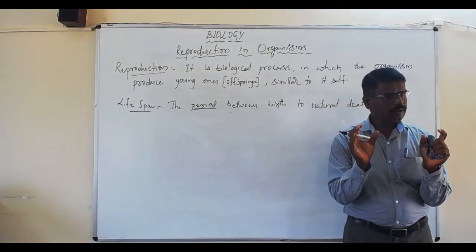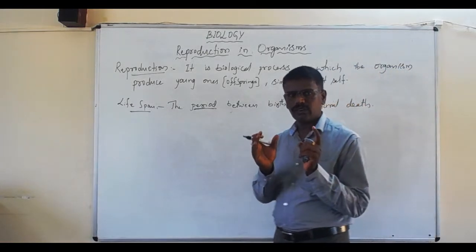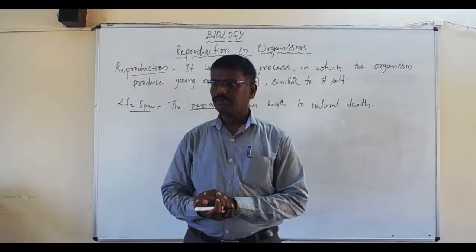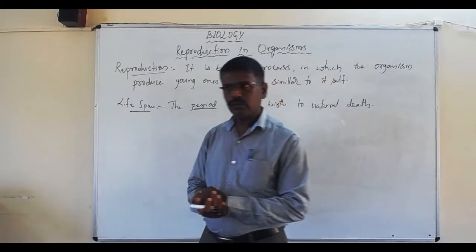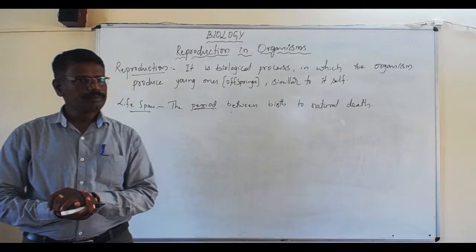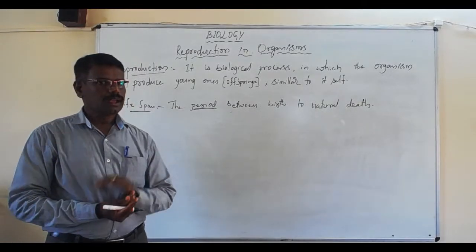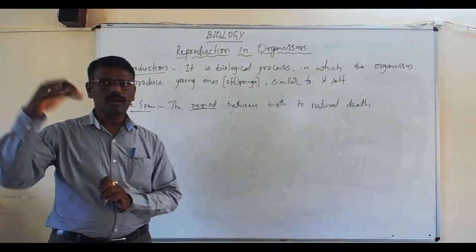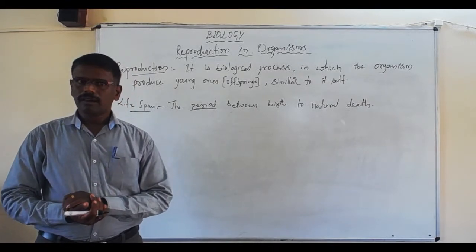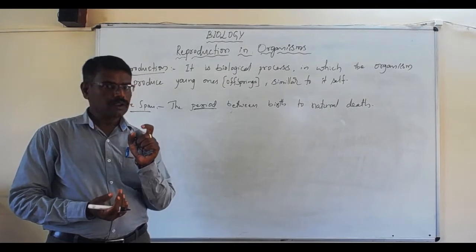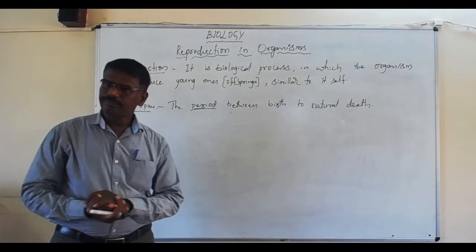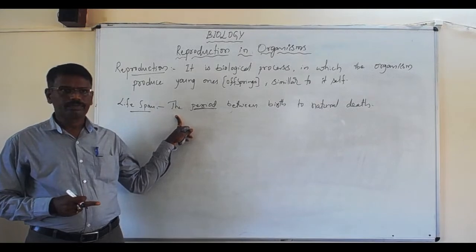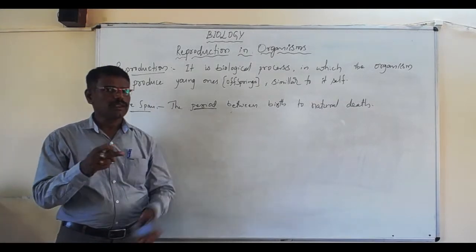Both the crow and the parrot are a little bit similar in size, but the lifespan varies greatly. Not only in animals, in plants also, a mango tree has a short lifespan, but a banyan tree or a peepal tree lives longer. Even the peepal tree is less when compared to the banyan tree. So the lifespan does not depend upon size, but the lifespan of different organisms is different.